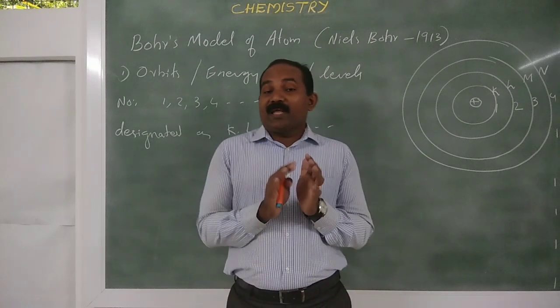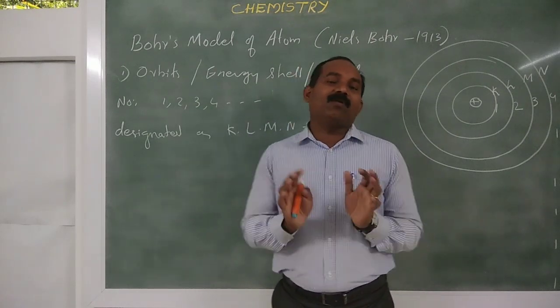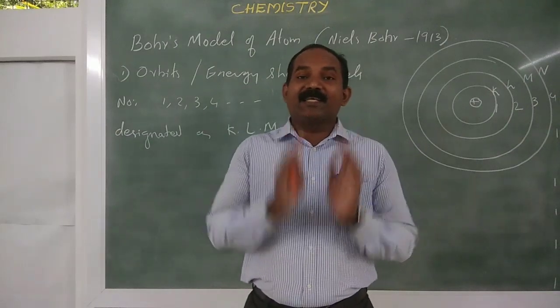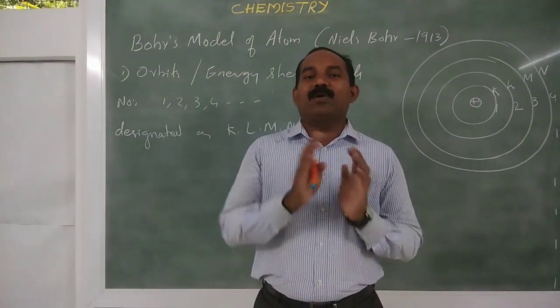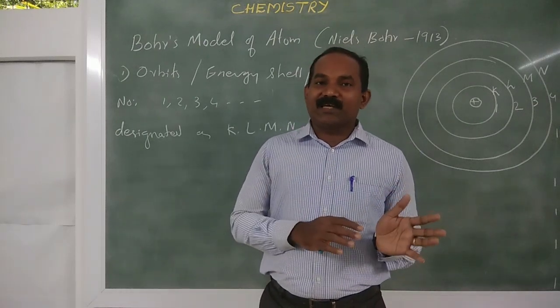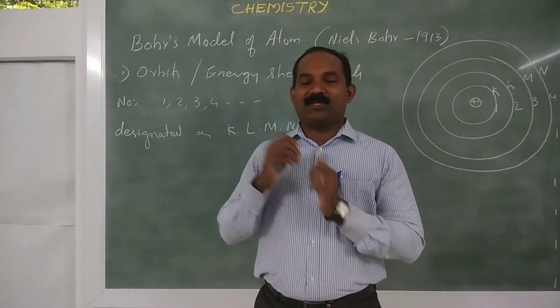Once again, the electron in a hydrogen atom revolves around the nucleus only in certain selected circular paths called orbits, numbered as 1, 2, 3 and designated as K, L, M, N, etc.